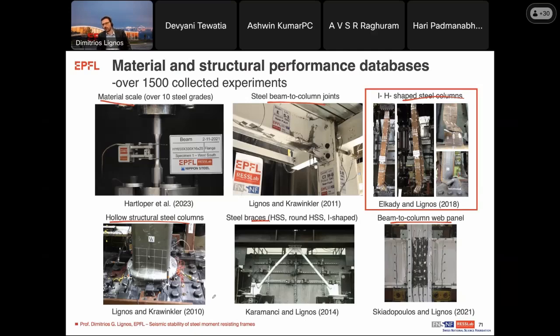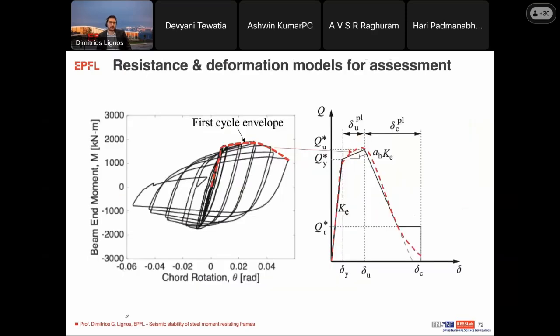Today, I will talk a little bit about the columns that I showed earlier. As I said, we developed resistance and deformation models for assessment that essentially try to mimic what some of our experimental data show here, with a highlighted first cycle envelope.